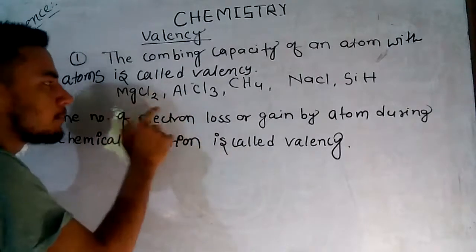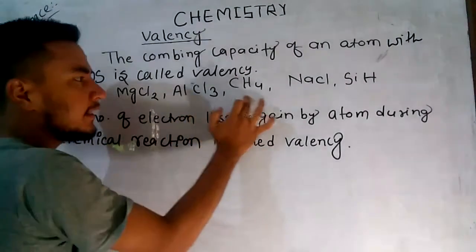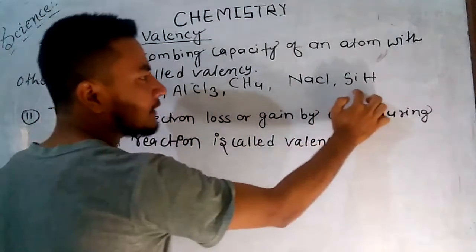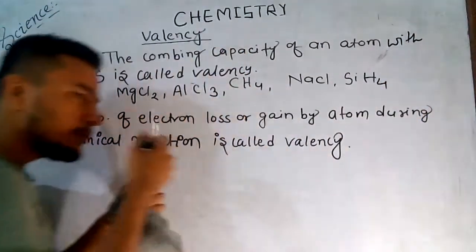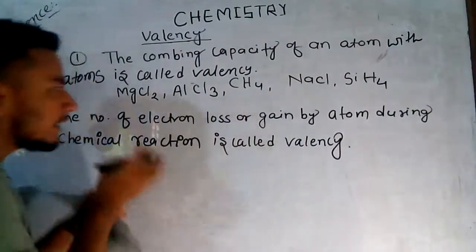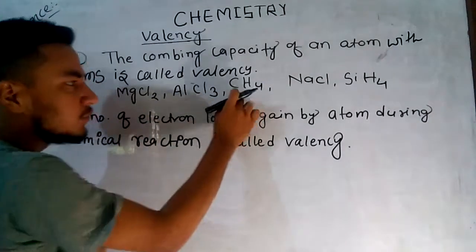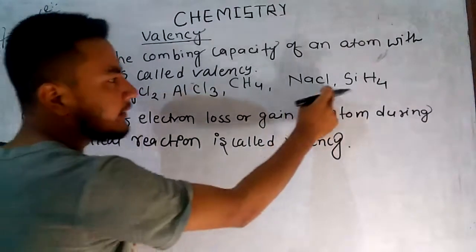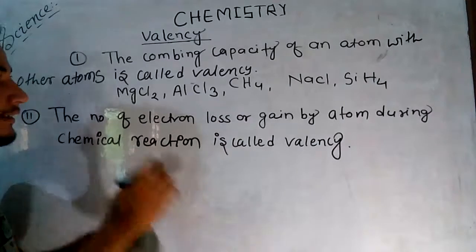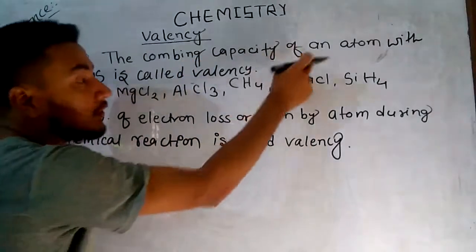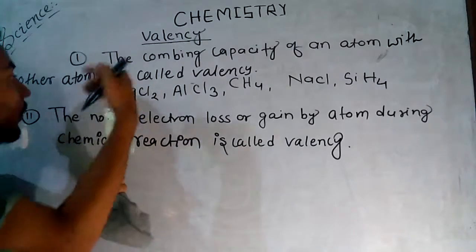From here, these compounds are magnesium chloride, aluminum chloride, methane, NaCl and SiH4. So from here we can simply tell the valency of magnesium, aluminum, chlorine, carbon in CH4, sodium in NaCl, and silicon in SiH4, because the valency is the combining capacity of one atom, for example magnesium, with other atoms.